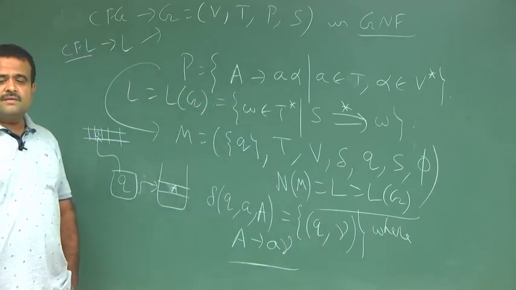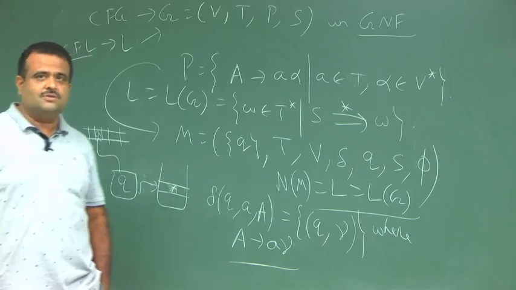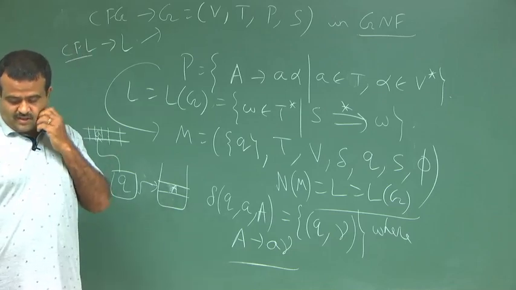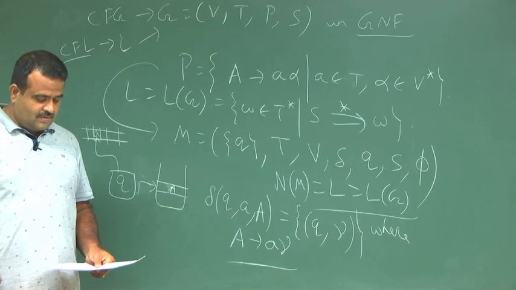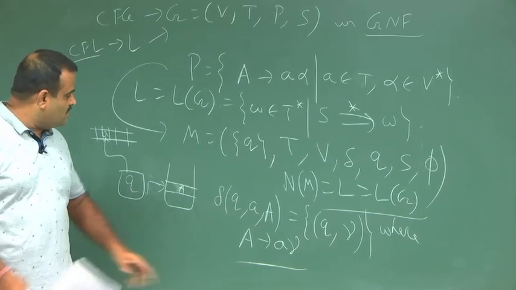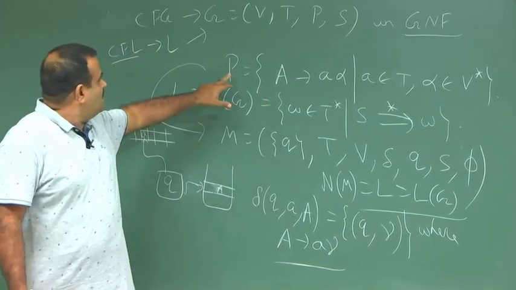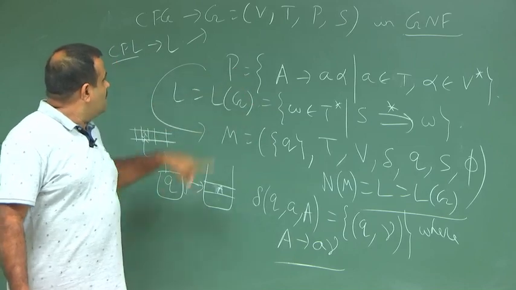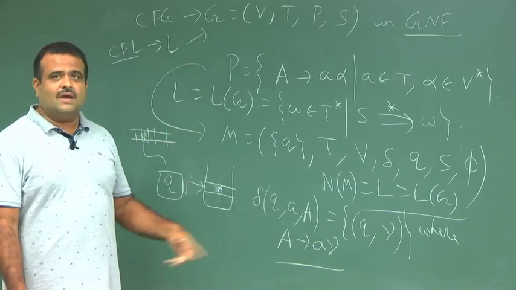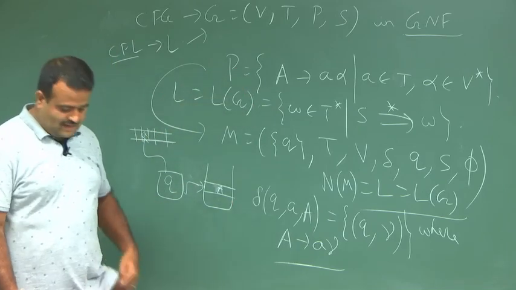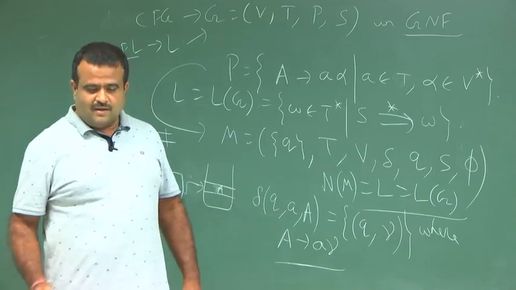Okay, where A goes to a gamma. So, this is the way we define this. If A goes to a gamma is in the P, then we have this delta corresponding to that.